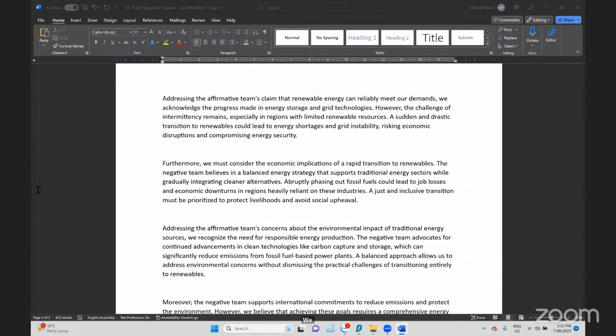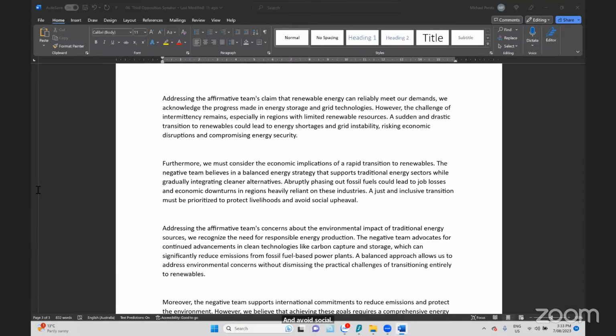A just and inclusive transition must be prioritized to protect livelihoods and avoid social upheaval.